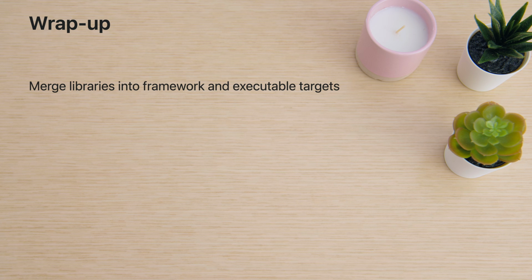Mergeable libraries offer convenience and flexibility. Between automatic and manual workflows, you can restructure and add mergeable libraries at your leisure and leave the necessary ones on disk. This flexibility is helpful when gradually adopting or profiling. Mergeable libraries offer size, build, and runtime improvements when applied to framework and executable targets.